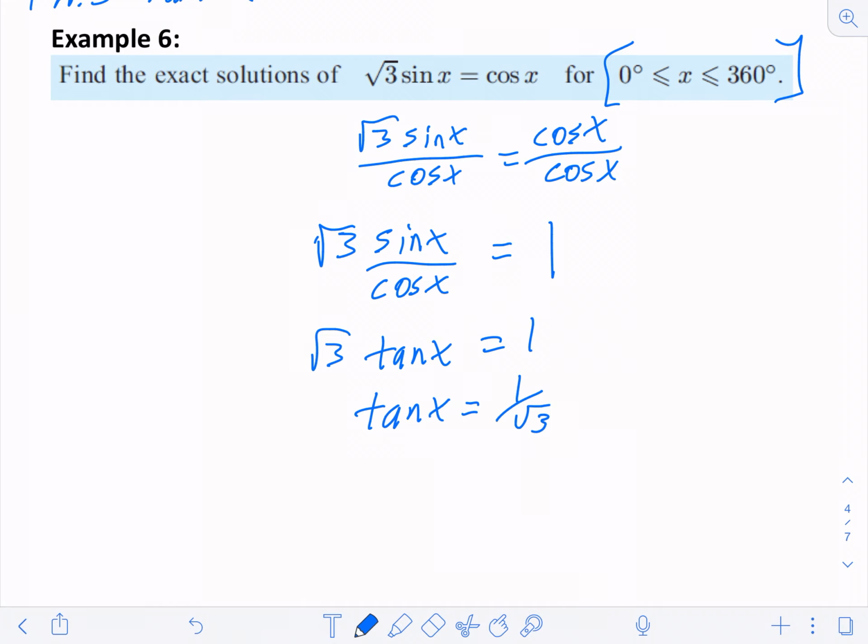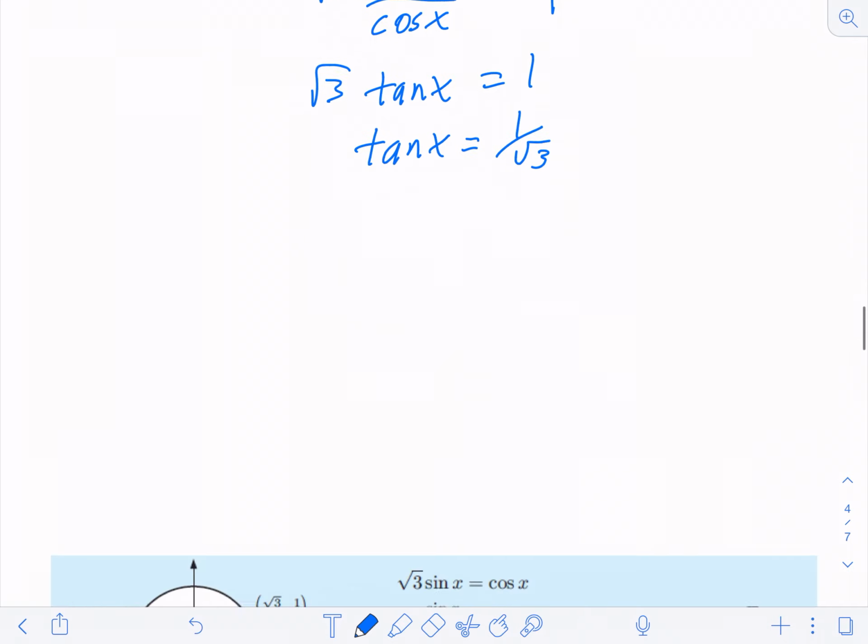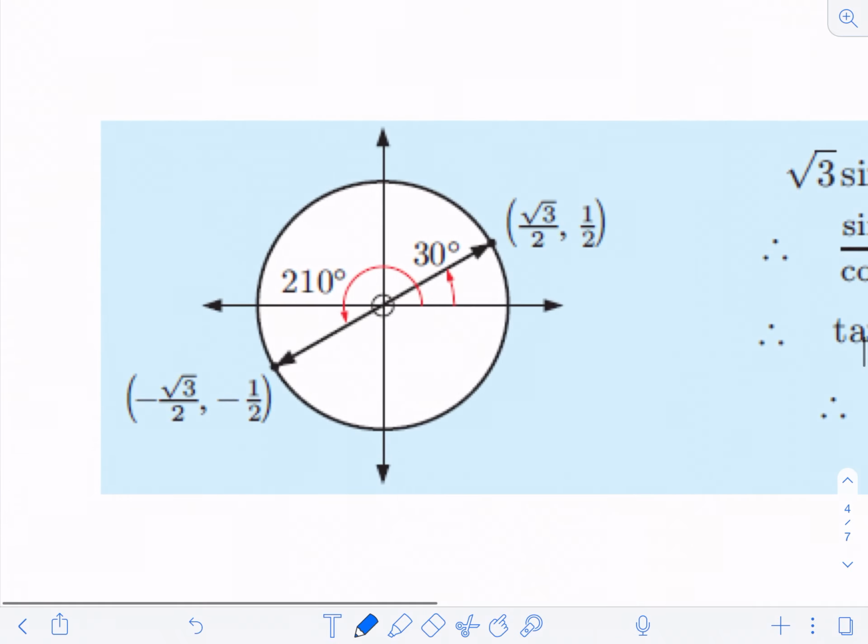So now my question is, where on my unit circle do I have tangent values of 1 over radical 3? Well, there's going to be two. It's going to be in the first and third quadrant, and I'm going to scroll down here to this diagram they already have drawn up. This is sine over cosine, so the 1 over radical 3 and the 1 over radical 3.